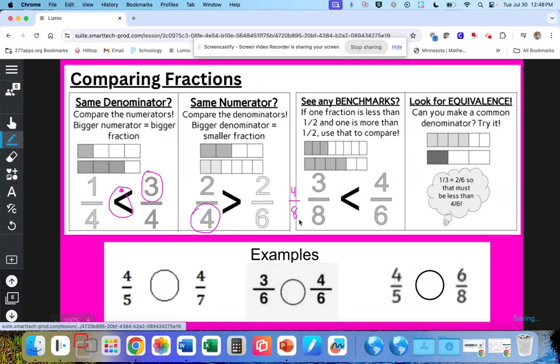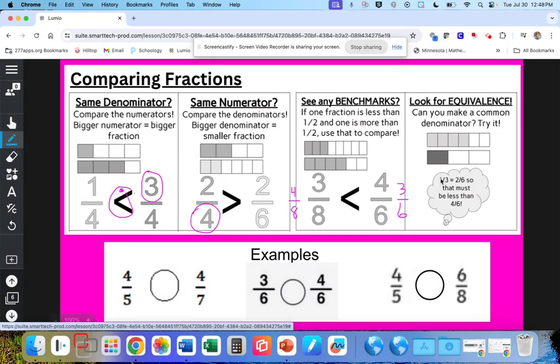So I know that this one is slightly smaller than a half. On the other side, if I have 6 on the bottom, half of 6 is 3. So 4 is bigger than half. So I then would know, just by using some mathematical reasoning, that 4/6 is greater than 3/8.